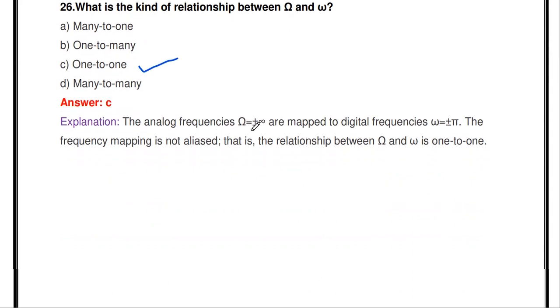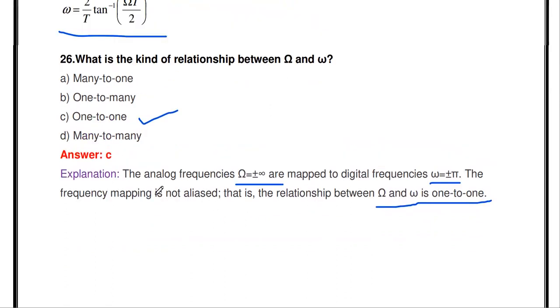The analog frequencies omega between plus or minus infinity are mapped to the digital frequency omega between plus or minus pi, so the frequency mapping is not aliased. So the relation between analog and digital frequency is a one to one relation.